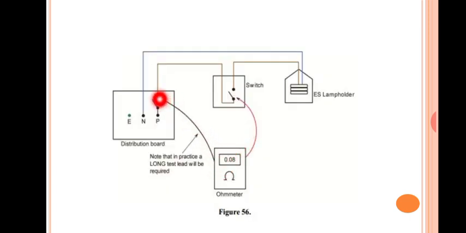If one edge is connected to the phase, switch in one position, there is a phase here, and this we can call the MCB. Once the MCB is switched off, we put one edge, the black lead of your ohm meter, here, and then the other edge can be connected to this point. Then we can see there is continuity in this portion.